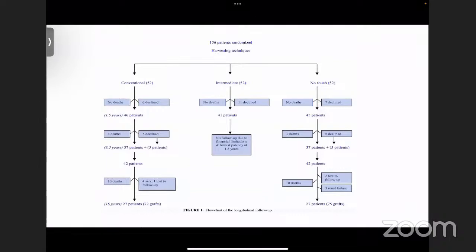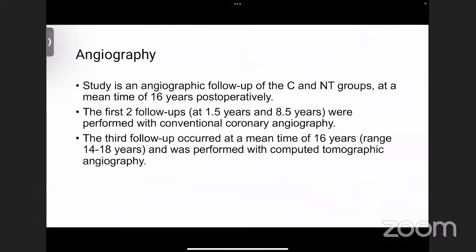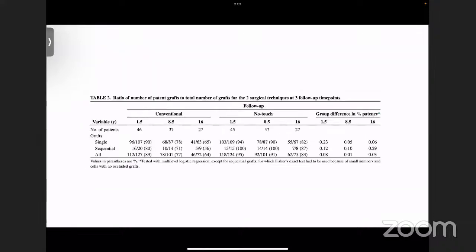They ended up essentially with 27 patients on the no-touch side and 27 patients on the conventional side. As for angiographic follow-up, conventional versus no-touch, at a mean time of 16 years postoperatively. The first two follow-ups at 1.5 and 8.5 years were performed with conventional coronary angiography, and the third follow-up was performed using CT angiography.